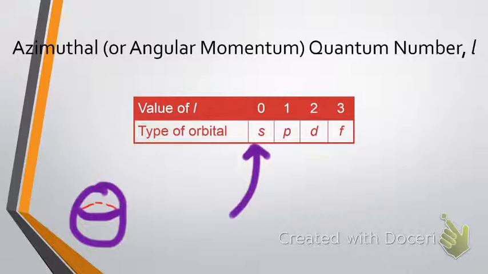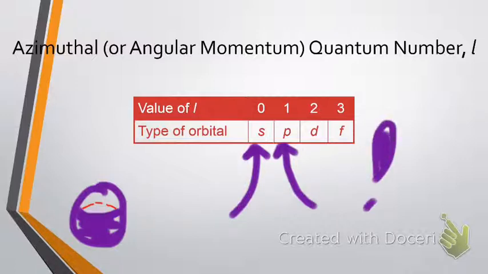It's supposed to be 3-dimensional, but it's a sphere, the one that looks like a ball. When l equals 1, it's called a p orbital, and p orbitals look like dumbbells. But there's a node in between them where no electron can reside.